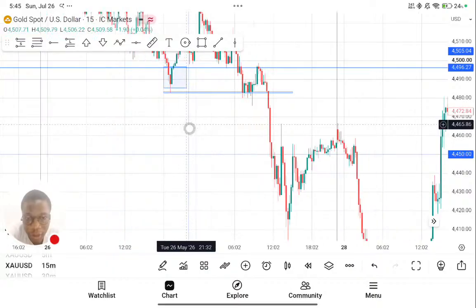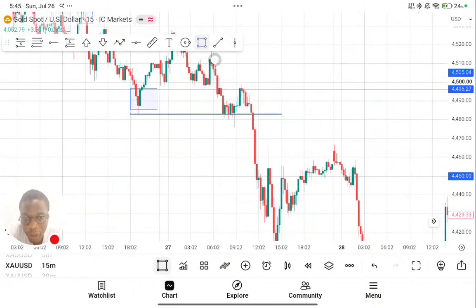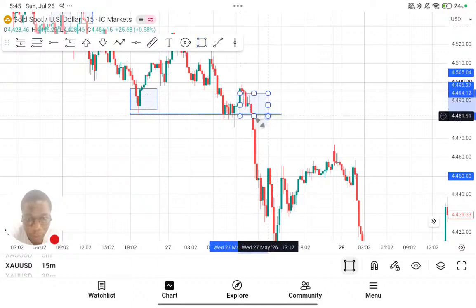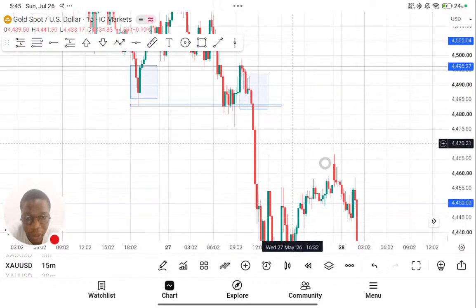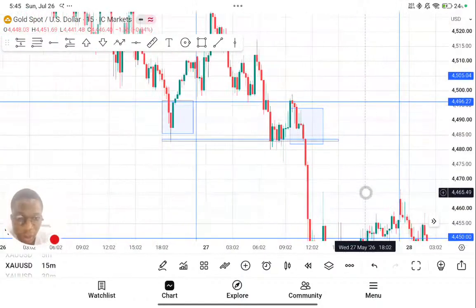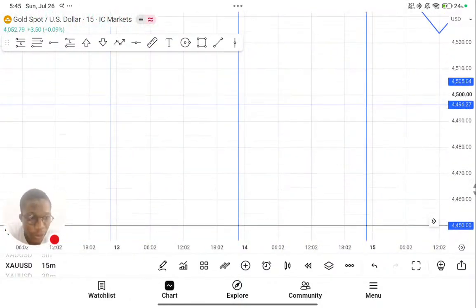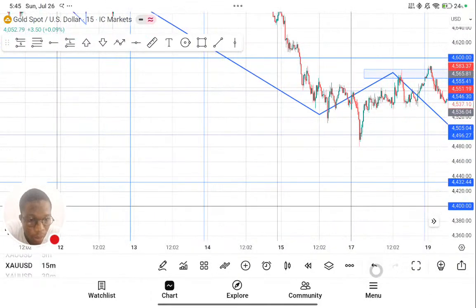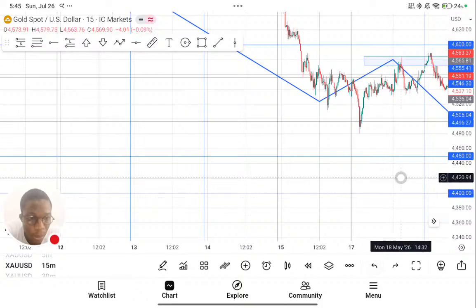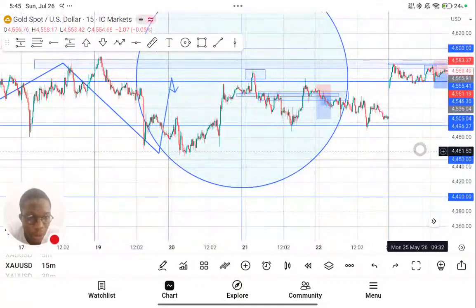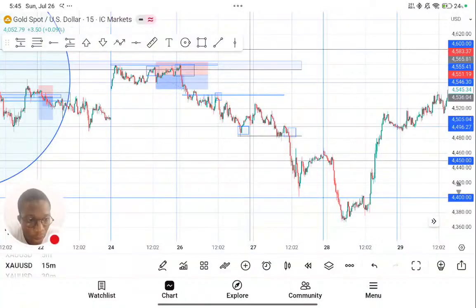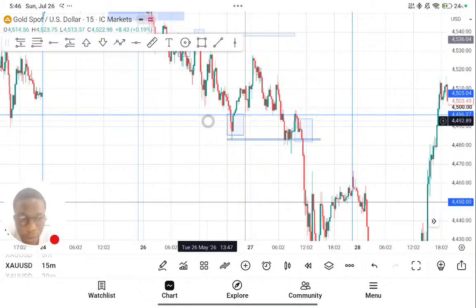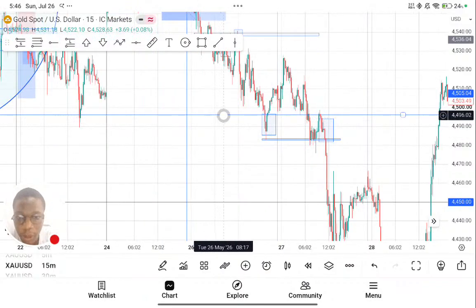Can you see another engulfing candlestick here, a bearish engulfing candlestick, just like the one I showed you? Why would you consider this bearish engulfing candlestick? So this was a zone. 4,500 is the number here.